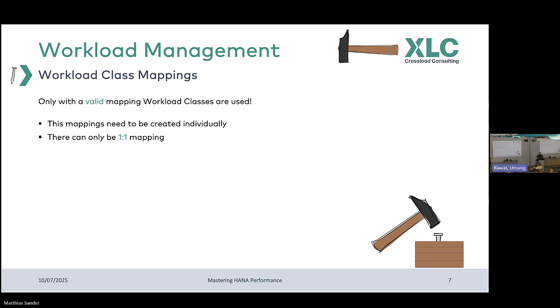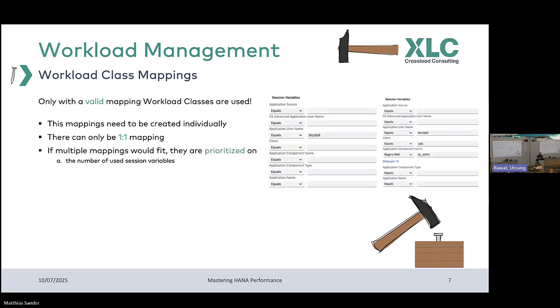If you come to a situation where you create maybe a more generic workload class which would cover multiple statements, and another SQL statement would also fit to this, there's a prioritization happening. If multiple mappings would be true, in the first instance the number of used session variables decides.